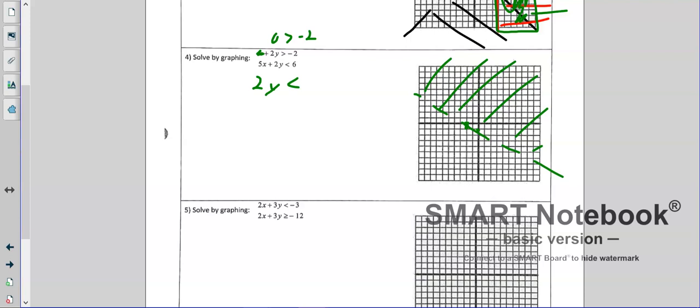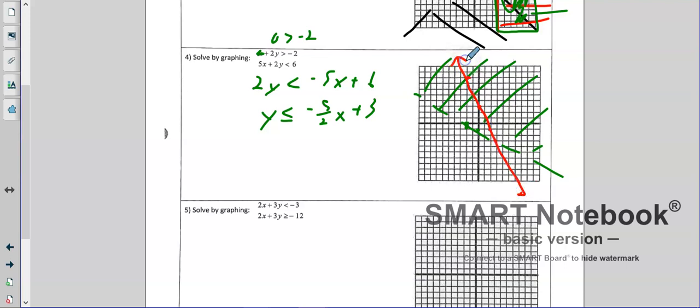So 2y less than negative 5x plus 6, divided by 2, less than negative 5 halves x plus 3. So my y-intercept on this one is 3. 1, 2, 3. And my slope is down 5, right 2. Up 5, right 2. And it's going to look approximately like this.